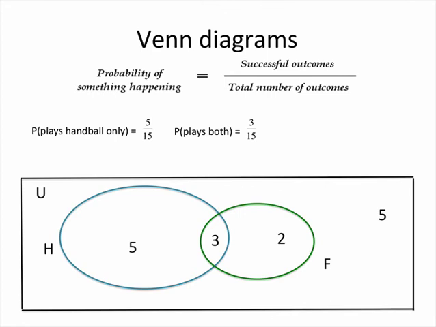Get into the habit, even when they're simple ones like this one, make them large, make them big. Otherwise you're going to get into huge problems if you do small ones, particularly if you've got 3 circles overlapping in different places. It just becomes a total mess and very difficult to use. Do yourselves a favour, draw nice large Venn diagrams and enjoy finding probabilities from this lovely, simple but very easy to use tool.